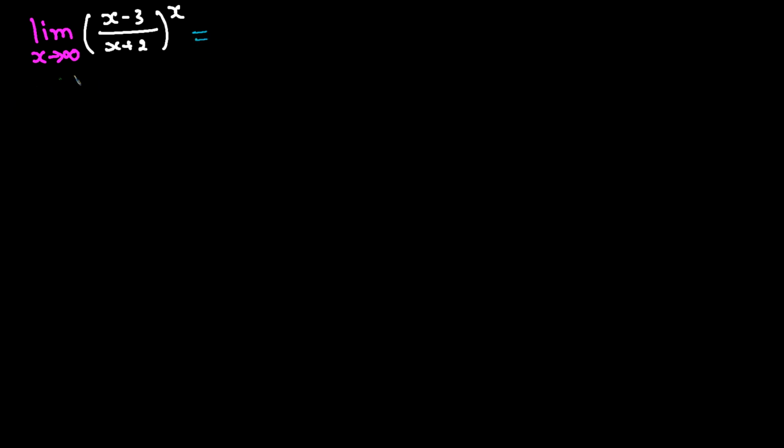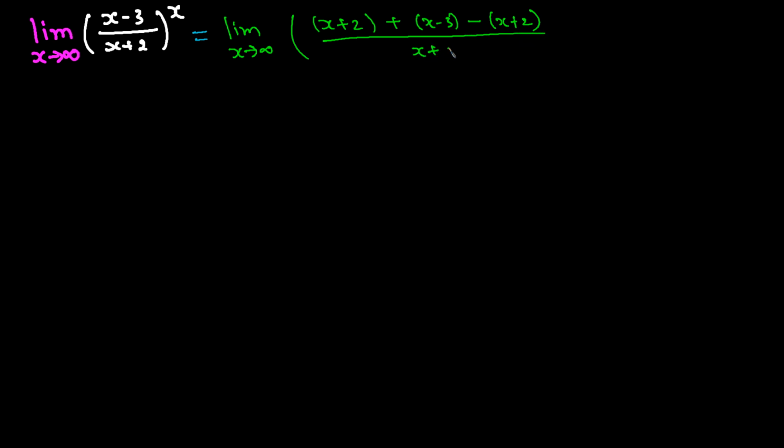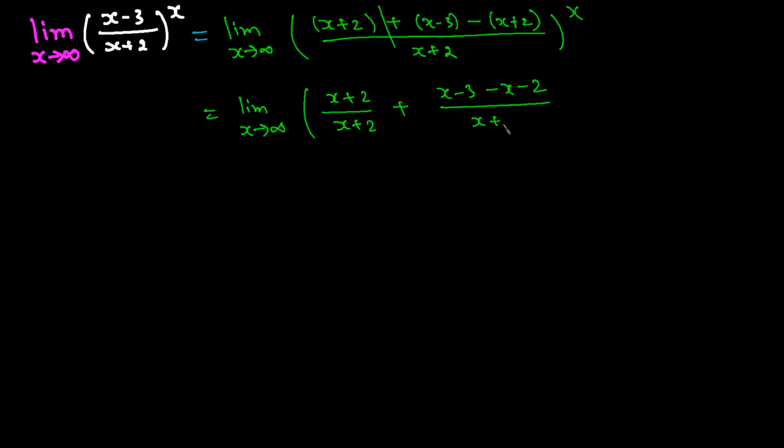So, limit x approaches infinity. If I add x plus 2 in the numerator, and x minus 3 is already there, and subtract x plus 2, and I have x plus 2 in the denominator already, I'm going to break it up. That gives me the limit as x approaches infinity of (x plus 2 over x plus 2 plus x minus 3 minus x minus 2 over x plus 2).